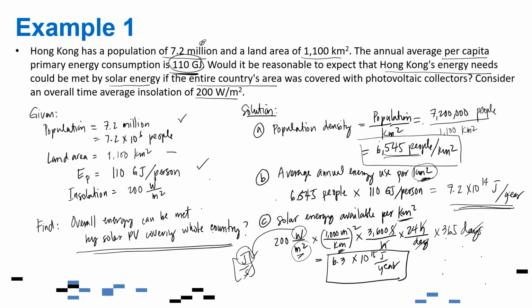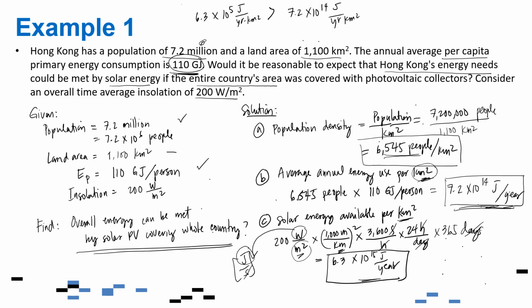So if we compare that solar energy generation to the consumption, we can say that 6.3 times 10 to the 15 joules per year per square kilometer is greater than 7.2 times 10 to the 14 joules per year per square kilometer.